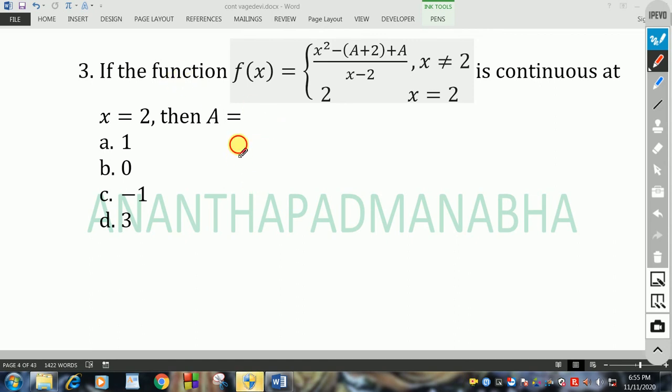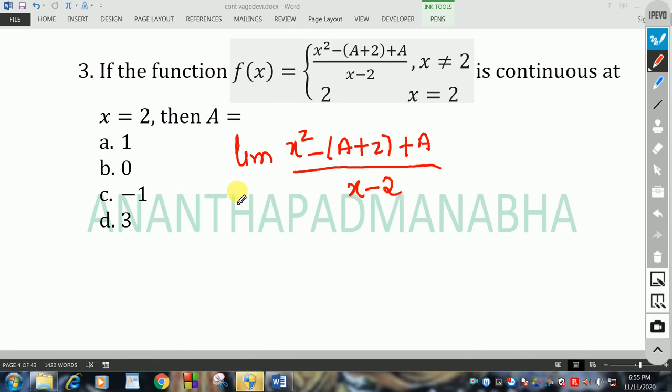So we have the limit of f of x, that is x square minus (a plus 2) plus a divided by x minus 2, as x tends to 2, is equal to f of 2, which is equal to 2 actually.